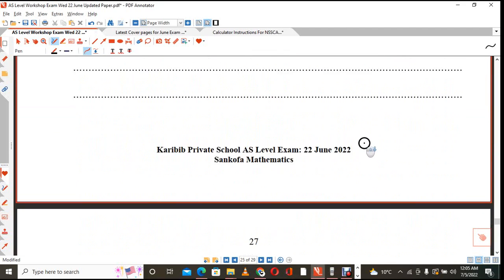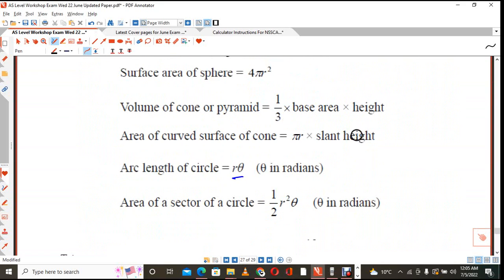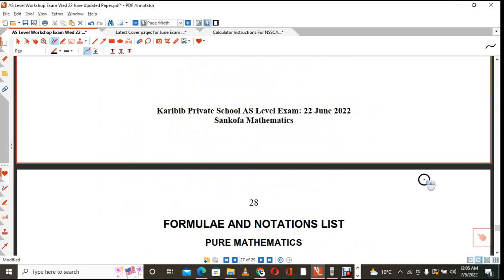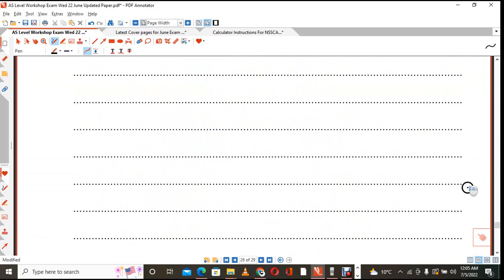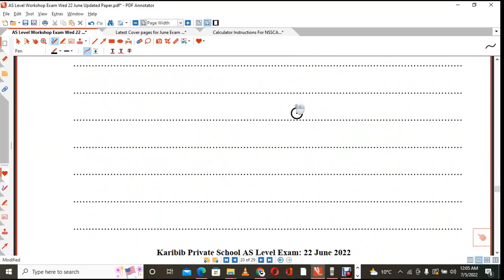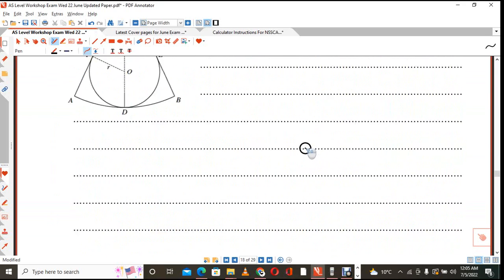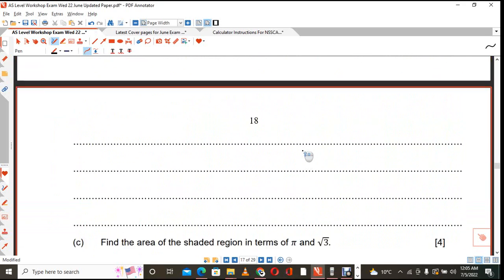If I look at page 28 of my document, the formula to calculate the arc length is given by the radius multiplied by the angle in radians. That will be the arc length. So I'll go back to my problem because I'm looking for arc AB as an answer.